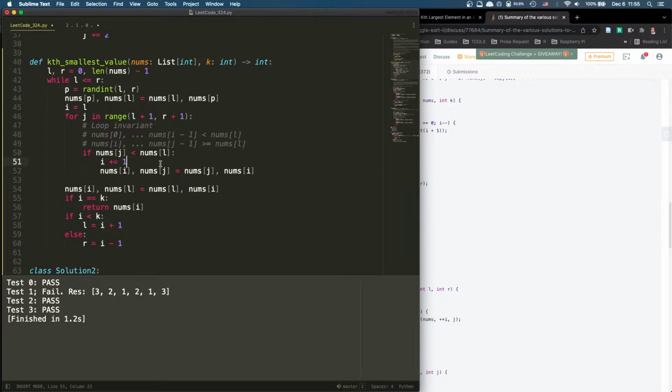If this J is smaller than nums I, then I plus 1. When we do this, and after that, J goes forward.